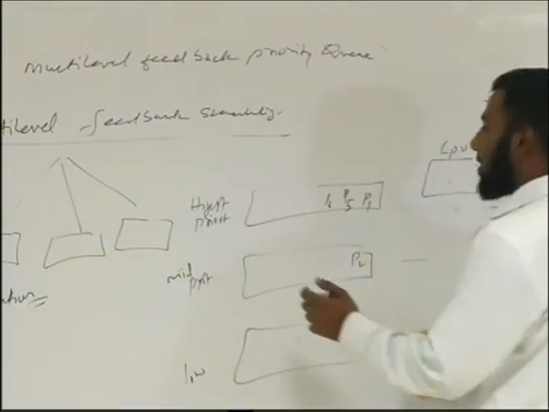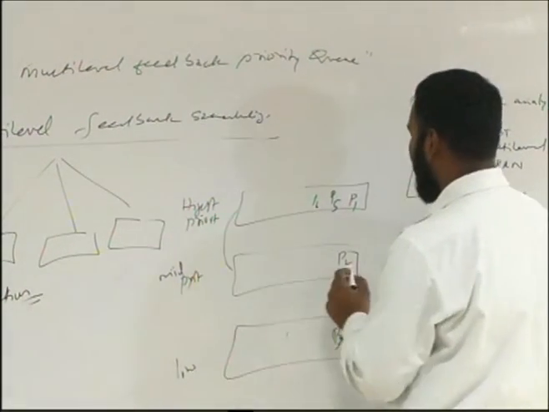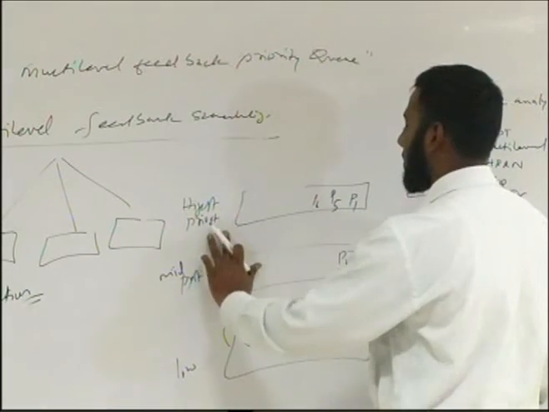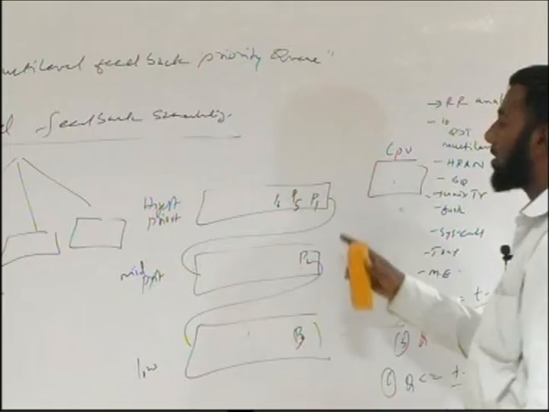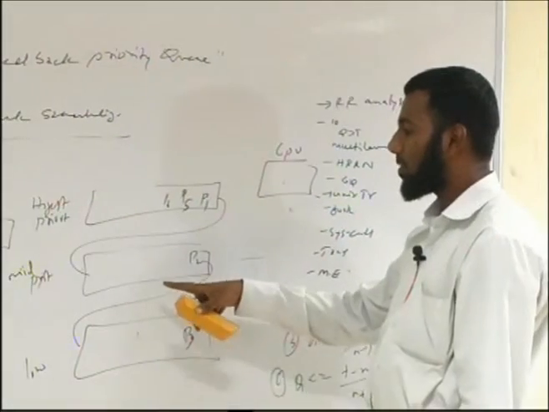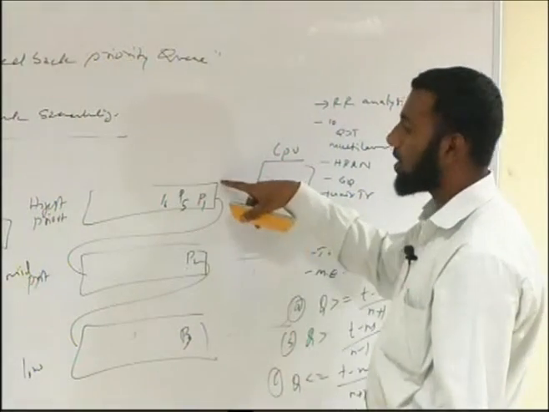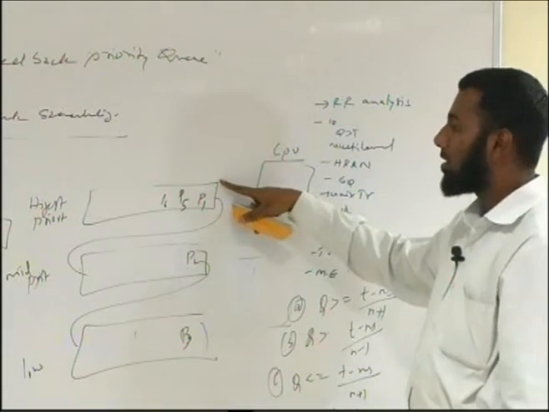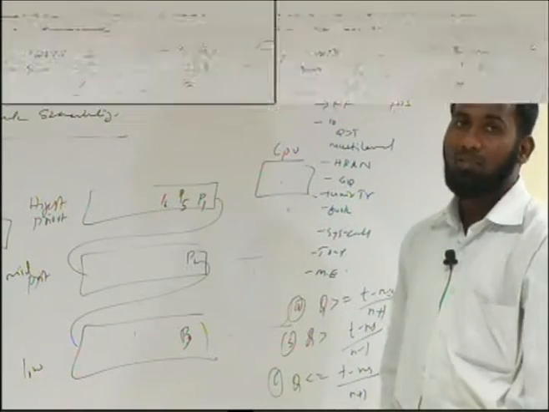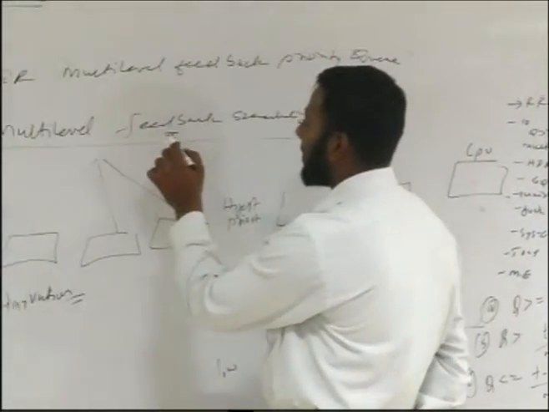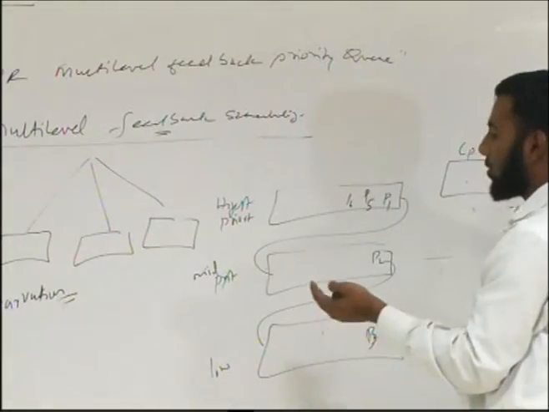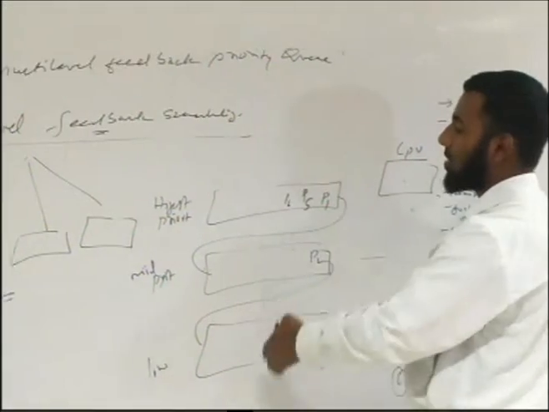Here there is a provision of moving a process, so that a process which belongs to one priority queue can move to another level of priority. A mid priority process can move to a higher level priority. So, the concept of aging will work here. In the multi-level feedback queue, the feedback is included because it is possible to move processes across the queues.